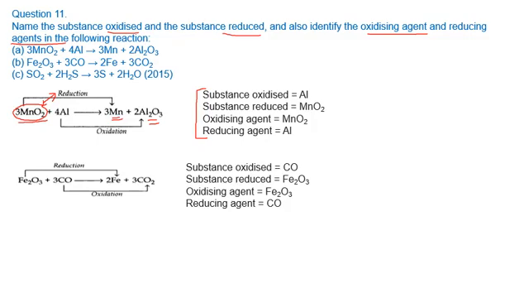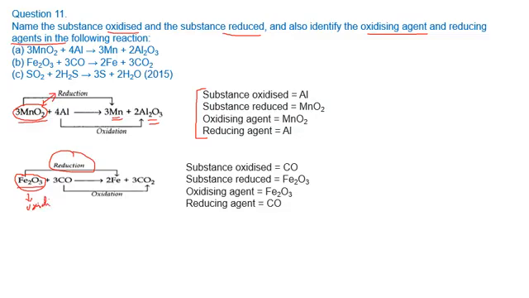Here, has iron lost oxygen? Yes. So ferric oxide to iron is reduction, and ferric oxide is an oxidising agent. Reduction is taking place in ferric oxide as it changes to iron.